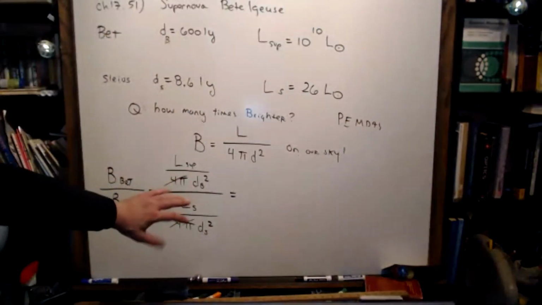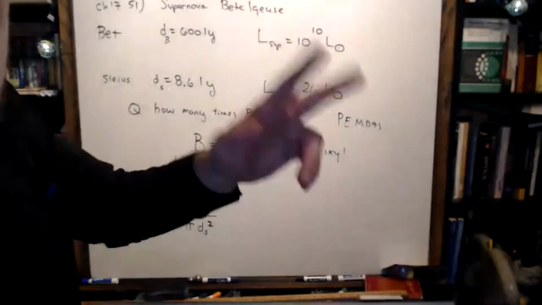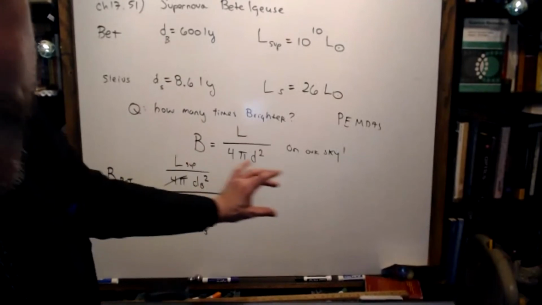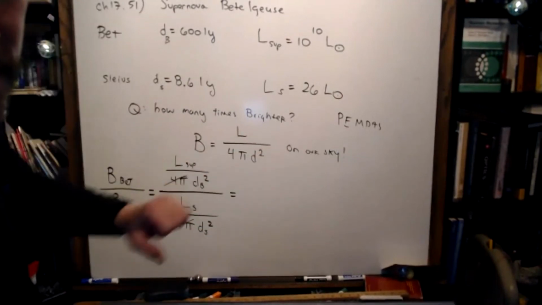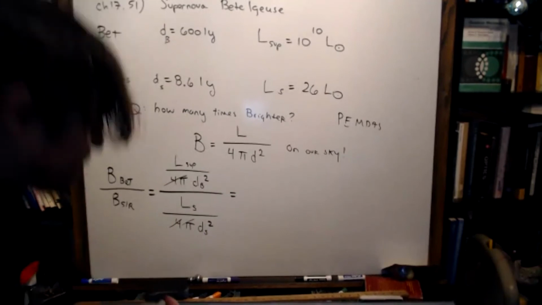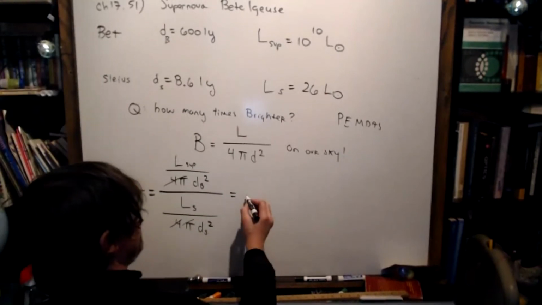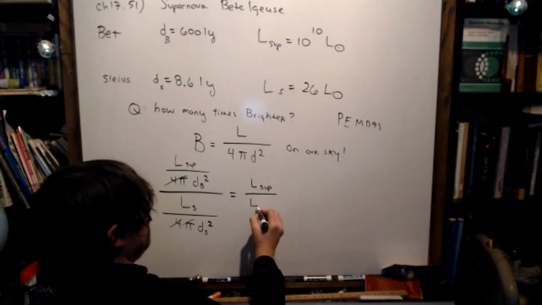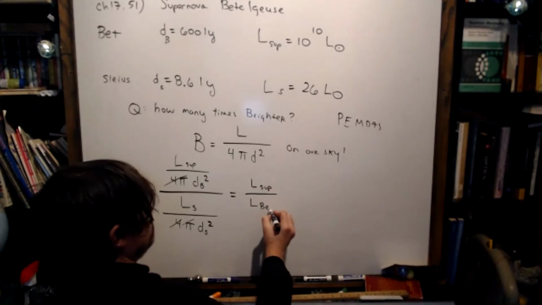We're not going to square root. We're going to leave it that way. But a classy thing to do, Christopher, is to take the ratio of the luminosities and segregate them from the ratio of the distances. This is how I would do it. I would write it as the ratio of the luminosity of the supernova to the luminosity of Betelgeuse.